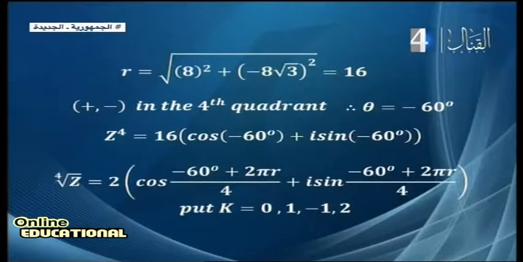Because z power 4, we find the fourth root. We put r equals 0, 1, negative 1, 2, substitution to find the solution set.